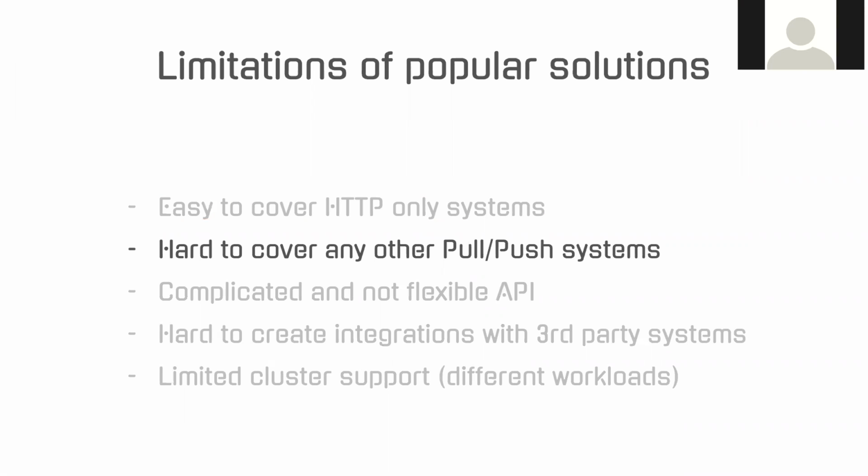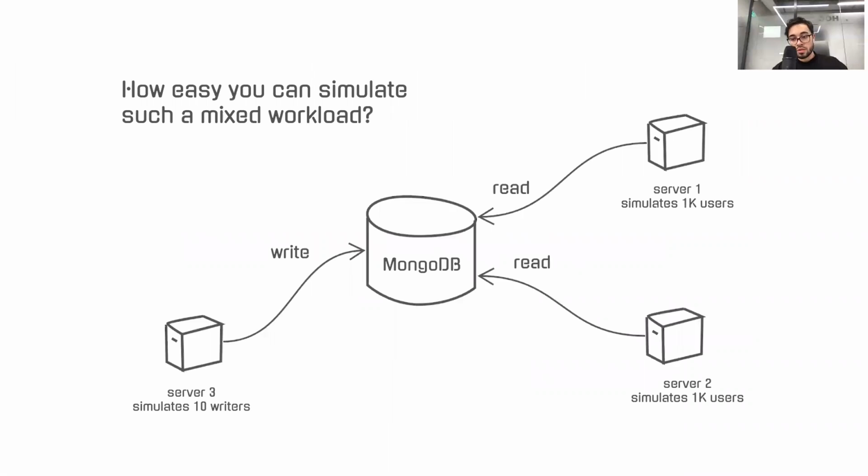So I said I will stop on this, hard to cover, what I mean by this, and I will just start explaining my cases. For example, 2 or 3 years ago, we got a big problem: our tests were not sufficient, and they covered MongoDB in a very naive way.